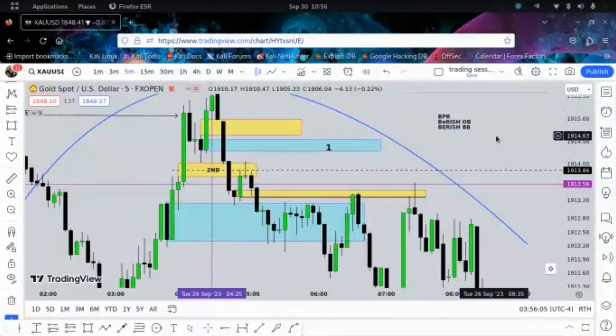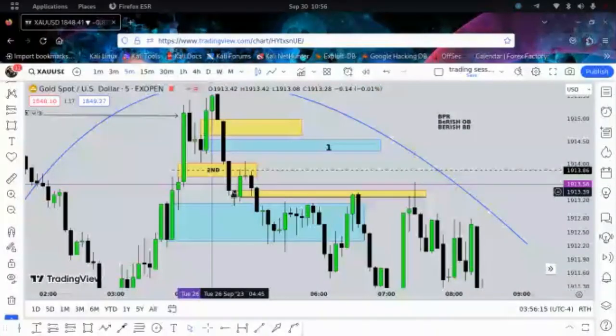These are all entry models. We've seen the breakup block. Then we've seen a bearish order block. And also we have an FVG, a fair value gap, within this range.